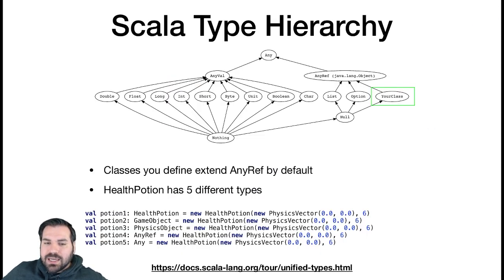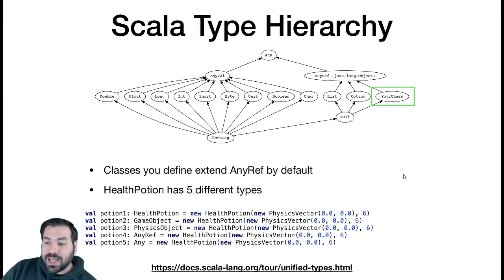So we have a class that we've written, this HealthPotion class, and this HealthPotion class we say is a type HealthPotion, and it is a type GameObject, PhysicsObject, AnyRef, and Any. The HealthPotion class and objects of type HealthPotion actually have 5 different types.